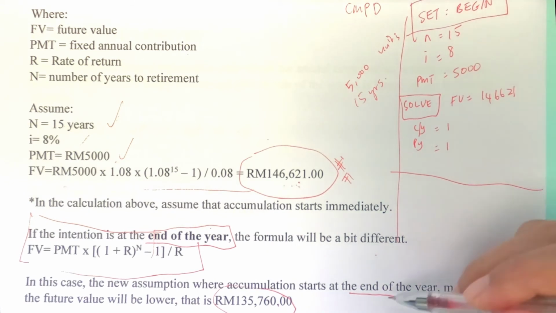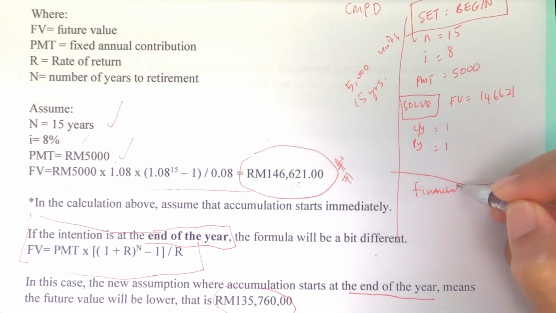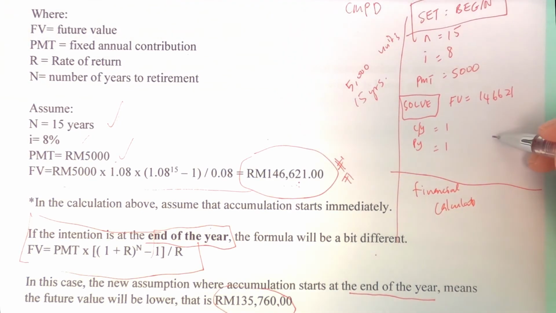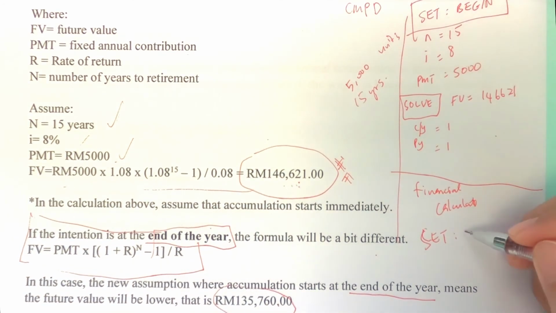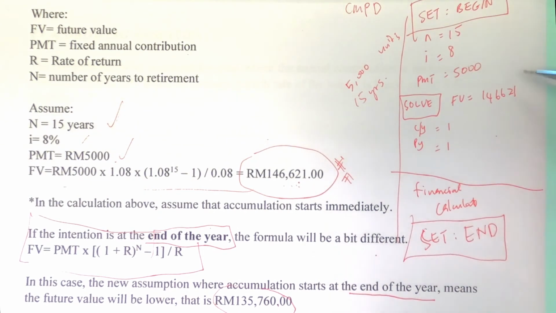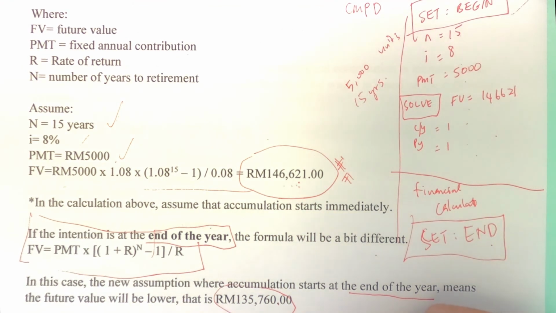And if you want to prove this using your financial calculator, all of these figures are the same, except for the set, where you change from Begin to End. Once you change the set from Begin to End, and all other figures are consistent, you can get this figure, 135,760.